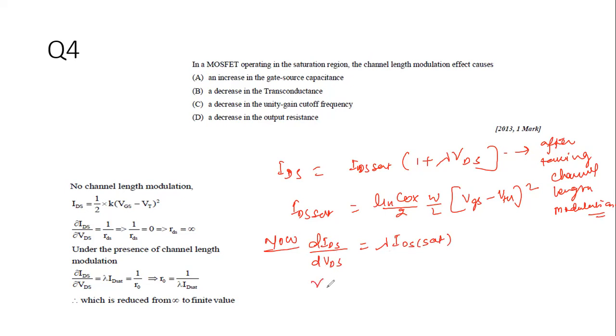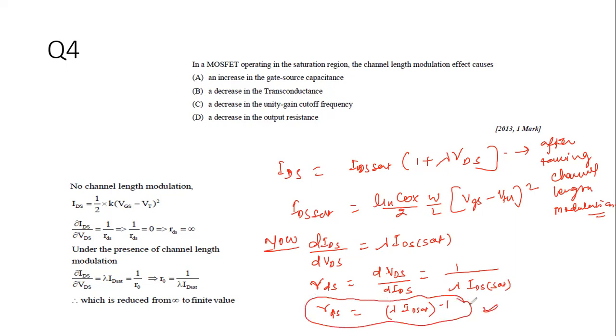So RDS equals dVDS upon dIDS, and this is 1 upon lambda times IDS saturation. So RDS can be written as lambda times IDS saturation to the power minus 1.